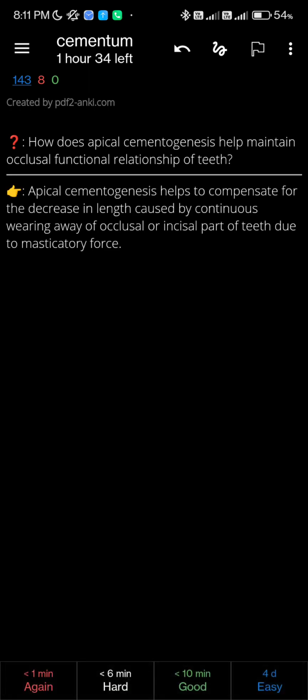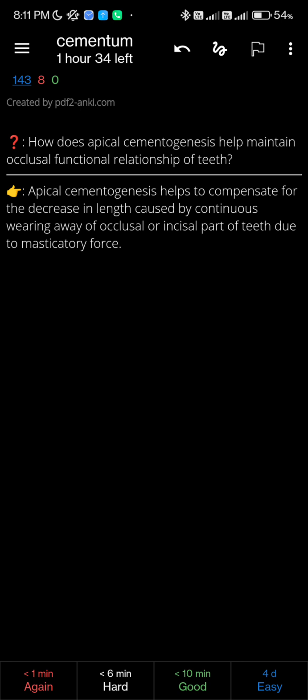Apical cementogenesis helps to compensate for the decrease in length caused by continuous wearing away.